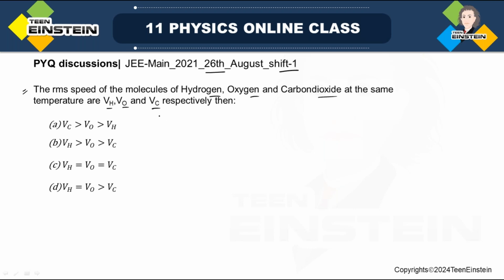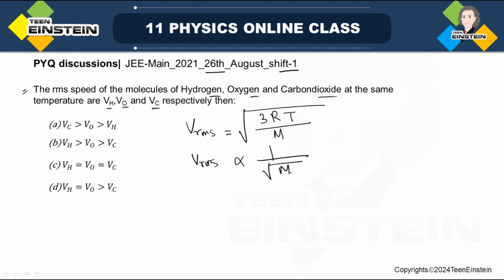Look students, here we need to remember the formula for RMS speed. So RMS speed is given by Vrms equals square root of 3RT by molecular mass. So this is the formula. So we can see that Vrms is inversely proportional to the square root of molecular mass, right?